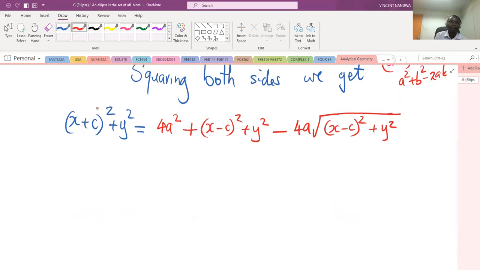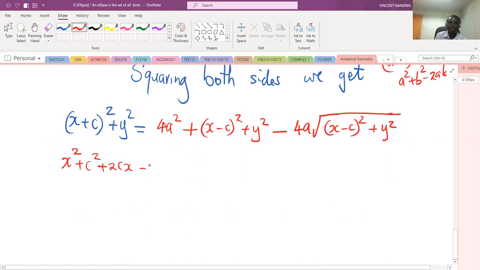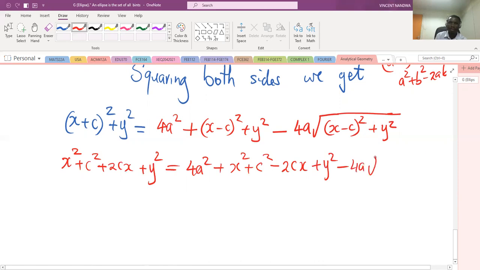Then opening brackets here, we have x squared plus c squared plus 2cx plus y squared equals 4a squared plus, opening this, x squared plus c squared minus 2cx plus y squared, minus 4a times the square root of (x minus c) squared plus y squared.